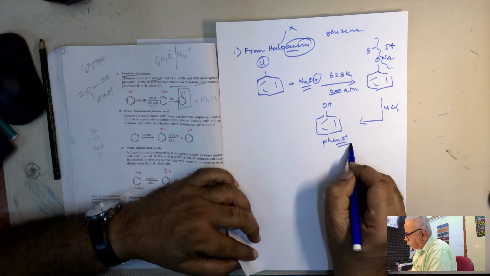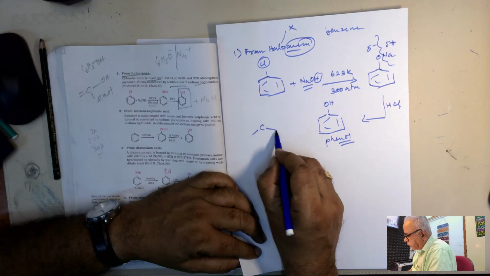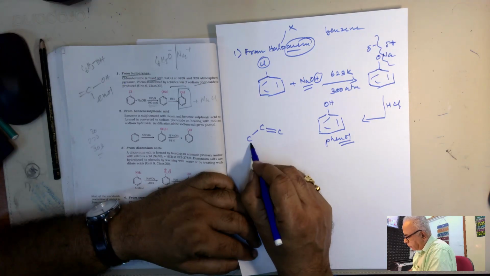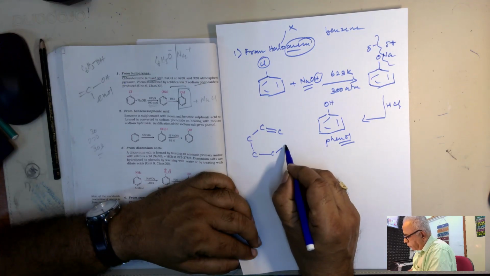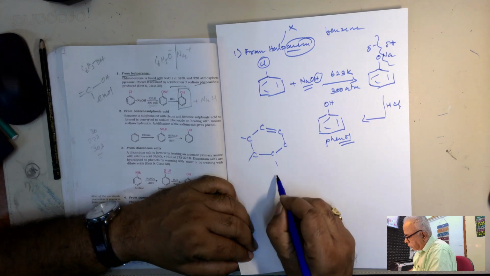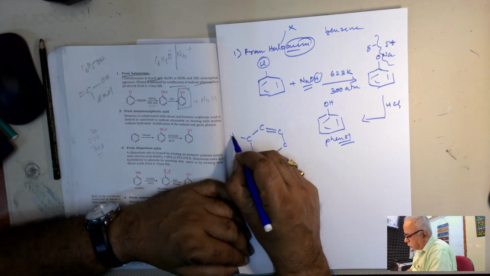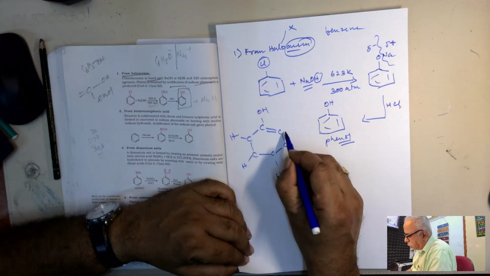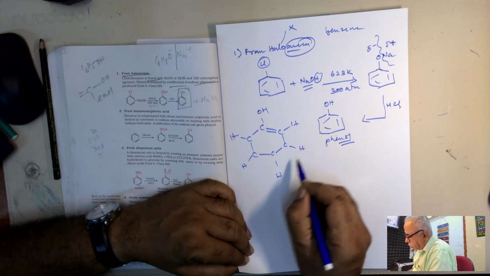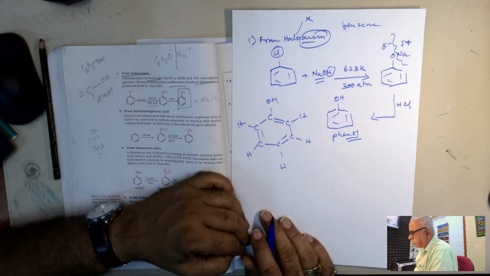Why is it an enol? Because C double bond C is here. So here you have H, H, H, and this is OH. This is H, H. So alternate double bonds.